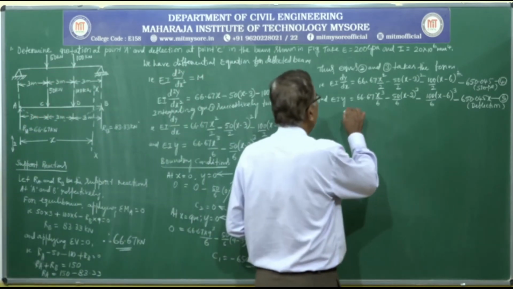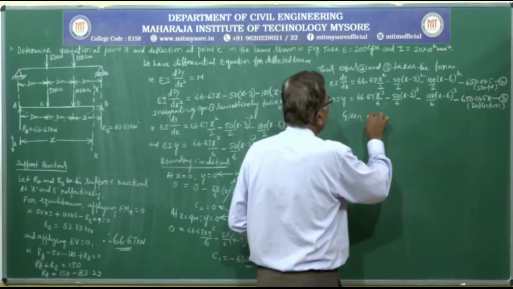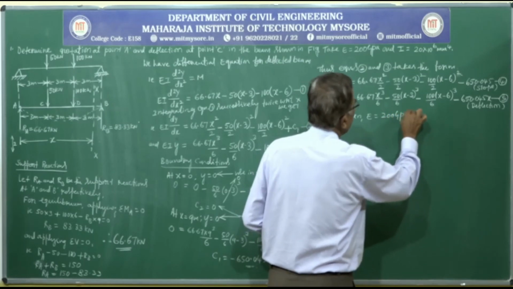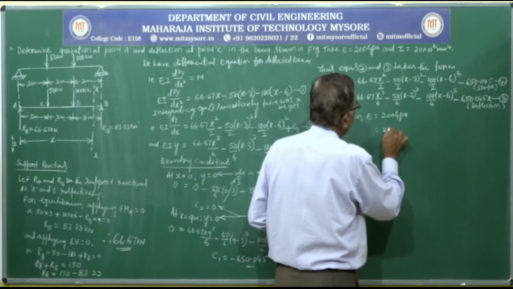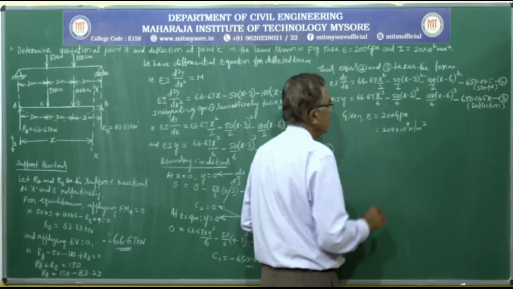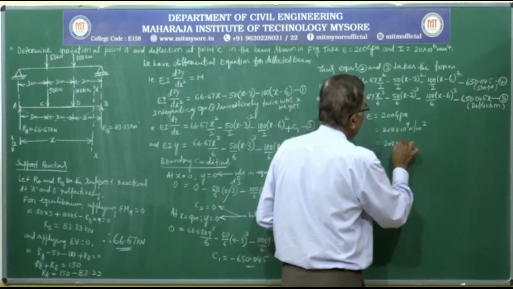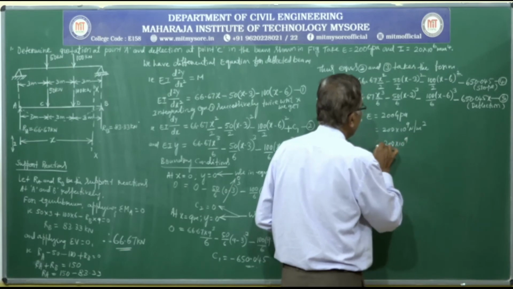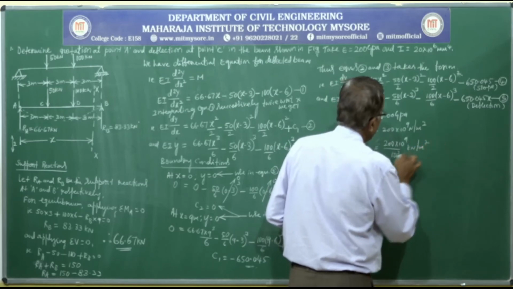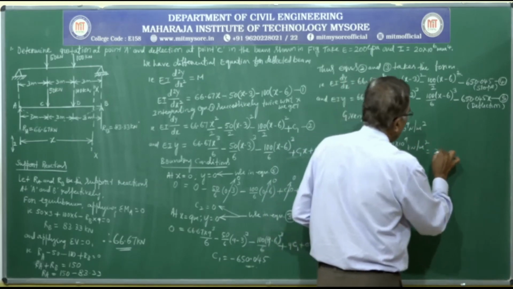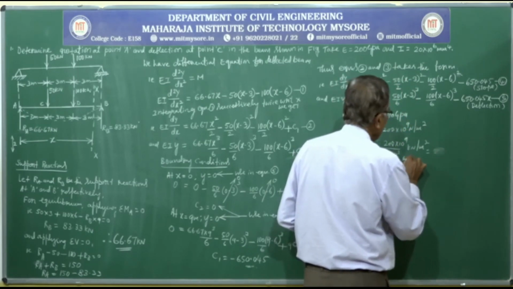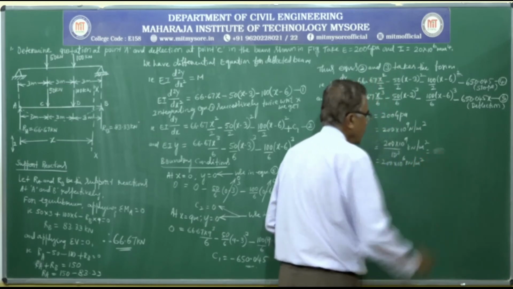Next, given E is equal to 200 GPa, that is equal to 200 into 10 power 9 newton per meter square. This can be written as 200 into 10 power 9 divided by 10 power 3 kilonewton per meter square, that is equal to 200 into 10 power 6 kilonewton per meter square.